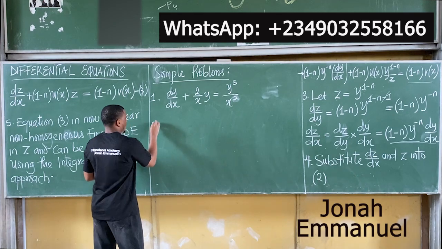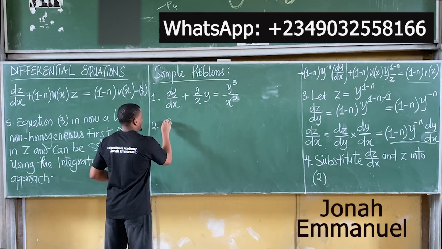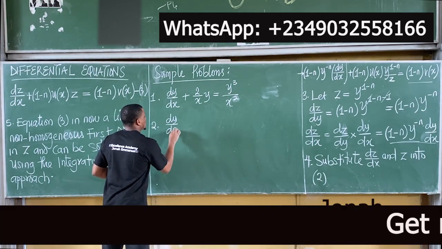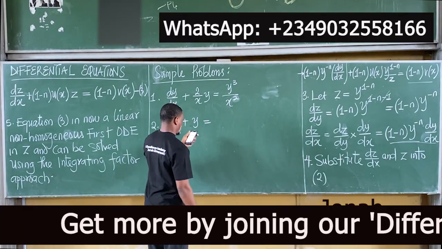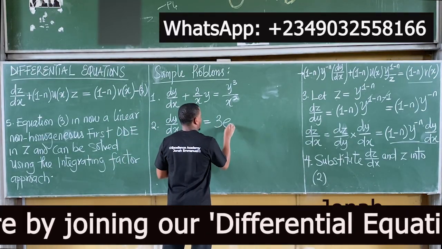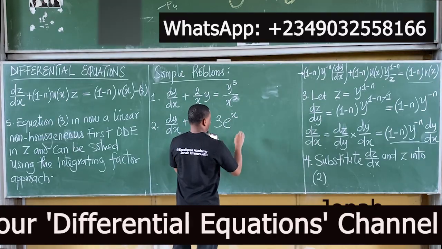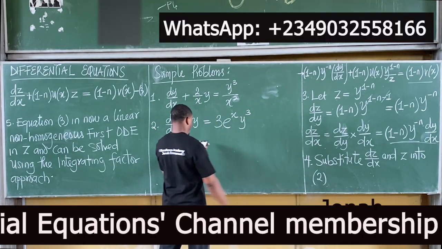Number two, you have dy/dx plus y equals 3 e to the x times y cubed.